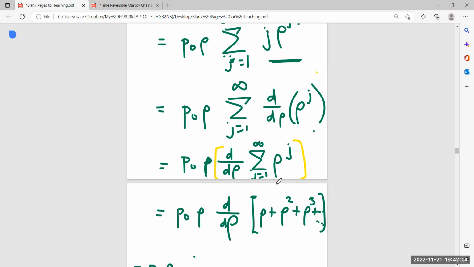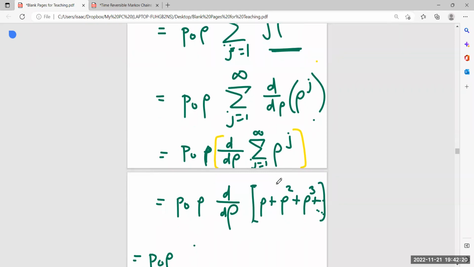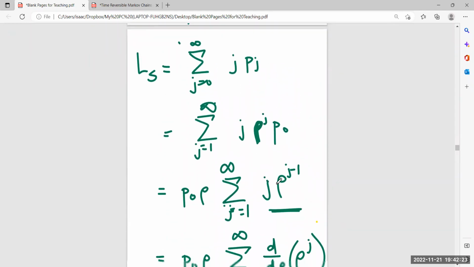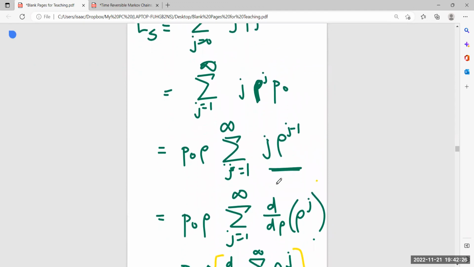Right. There's a 1 that I did not take care of, or did I take it off already? So I have j equal to 1 and j equal to 0.